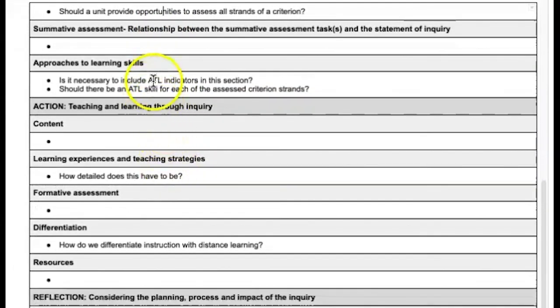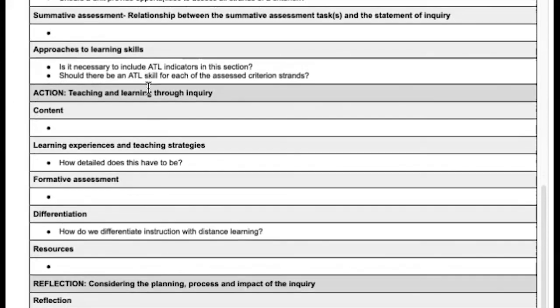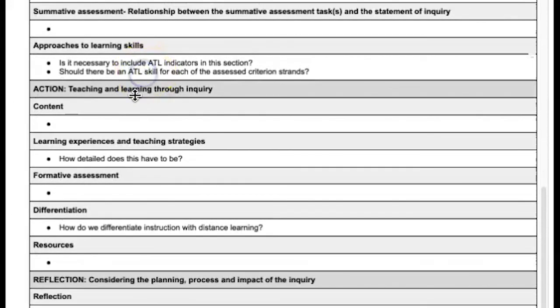Approaches to learning. Is it necessary to include ATL skill indicators in this section? Yes, it is, and we've shown some other elements that it's very important to describe in that ATL section about how those ATL skill indicators are taught, and I suggest also identifying the skill strategies that are taught. Should there be an ATL skill for each of the assessed criterion strands?